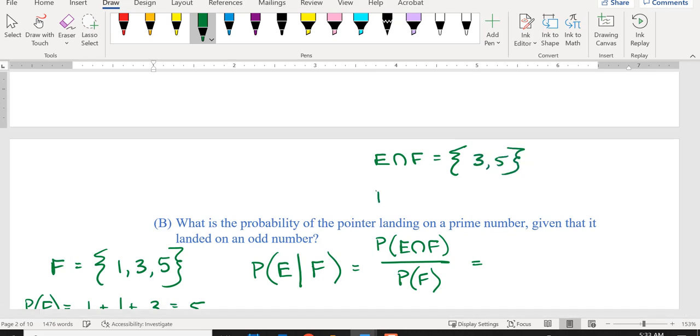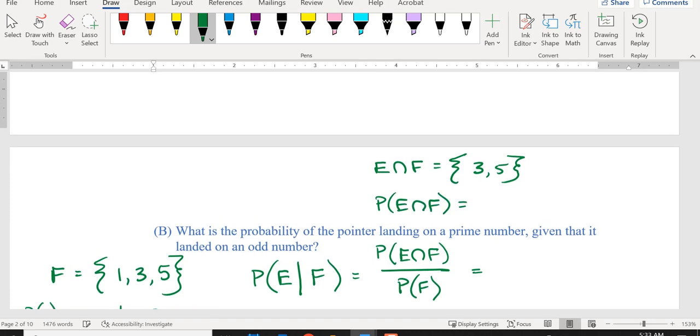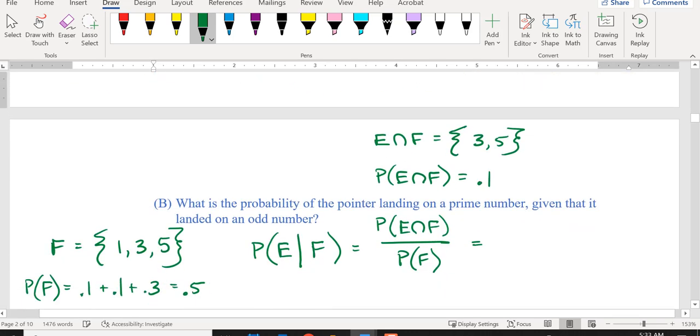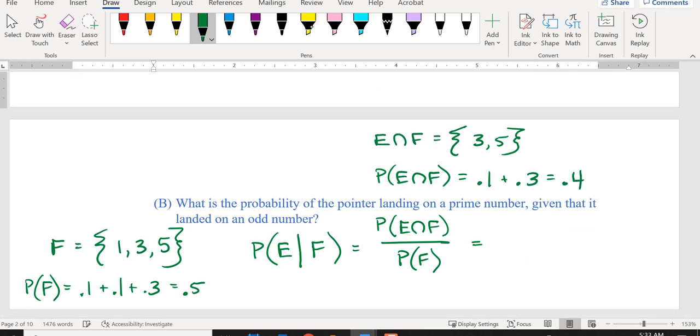The probability of 3 and 5 would be 0.1 plus 0.3, which is 0.4. So the probability of E given F is the probability of E and F, which we found to be 0.4, divided by the probability of F, which we found to be 0.5. So that probability would be 4/5.